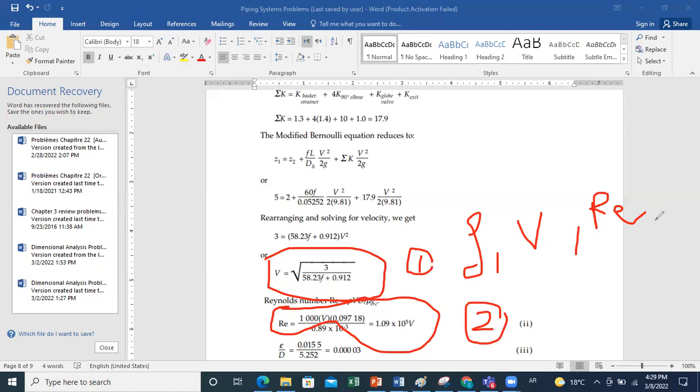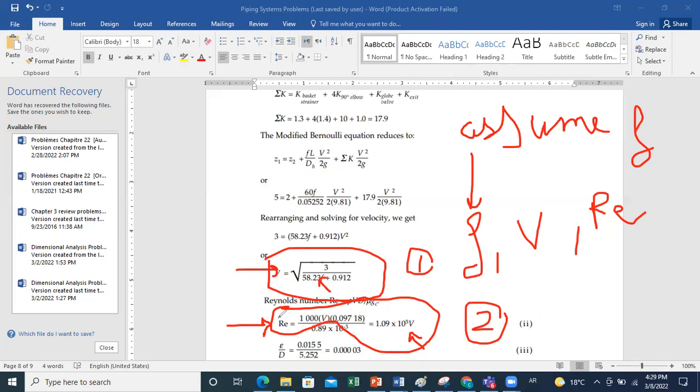So what you can do here, you will say, I know v as a function of f, and I know Reynolds as a function of v. Let me assume f. If I assume f, I can go to this equation and calculate v. And once I calculate v, I can compute Reynolds. Now I have Reynolds and I have epsilon over d.